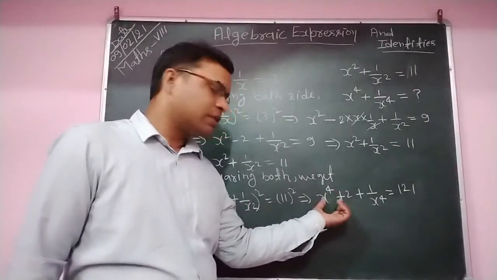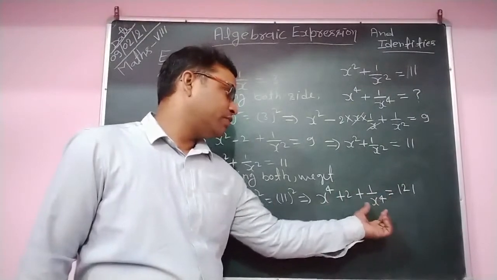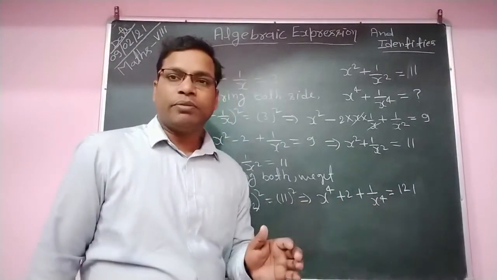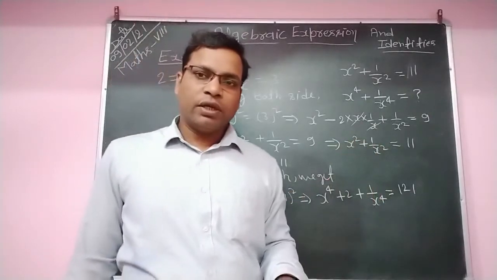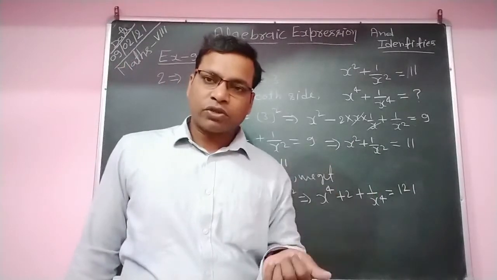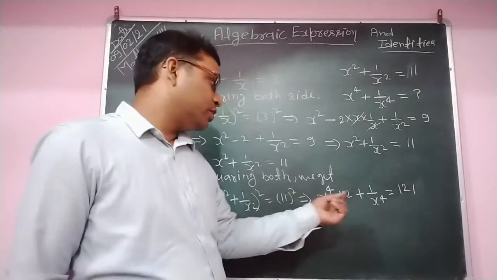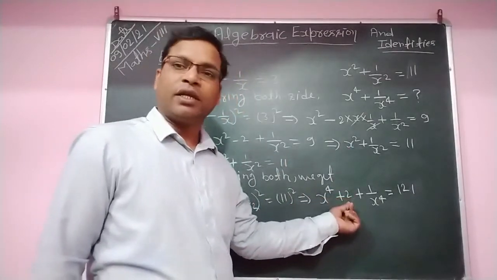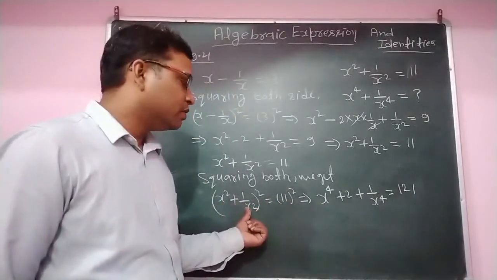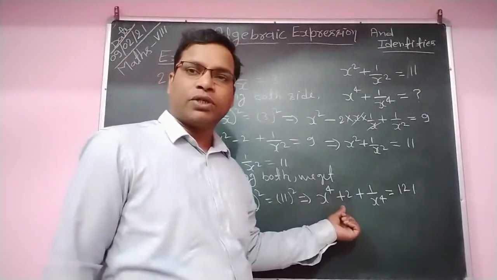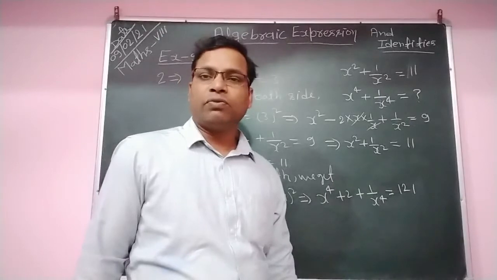So here you can see this becomes x power 4 plus 1 upon x power 4. Why does it become 2? Because 2ab is equal to 2 into x square into 1 upon x square. So x square into 1 upon x square will be cancelled and we will get 1. So 2 into 1 becomes 2. So here we write directly 2. Whole square of x square plus 1 upon x square is equal to x power 4 plus 2 plus 1 upon x power 4, which equals square of 11, that is 121.